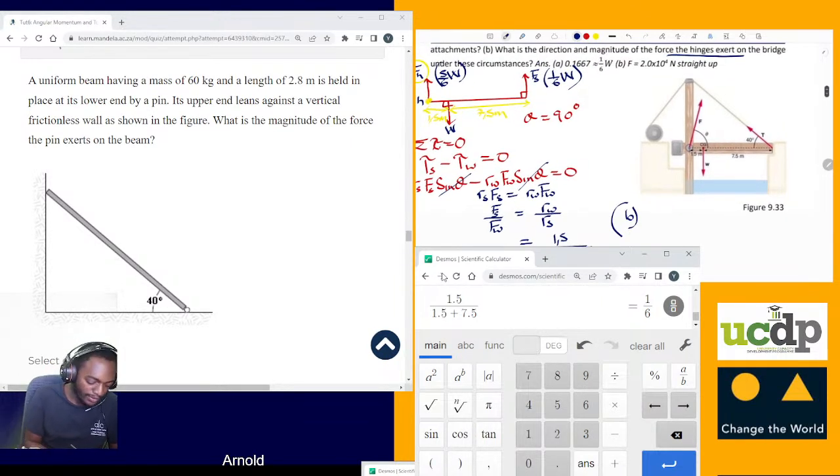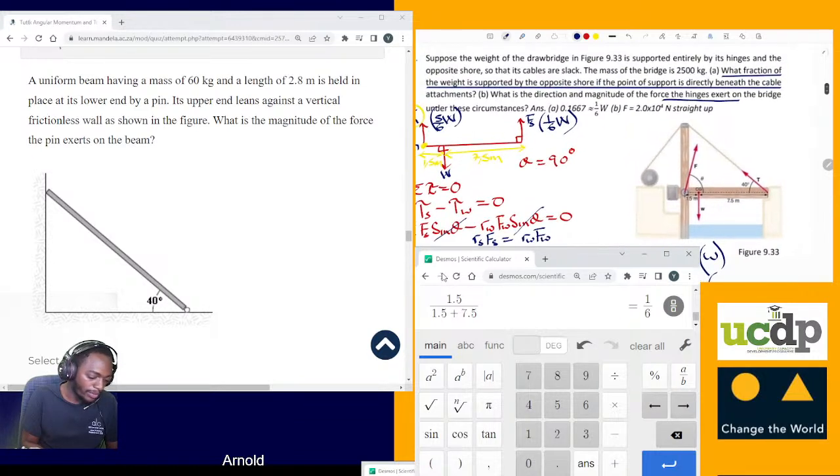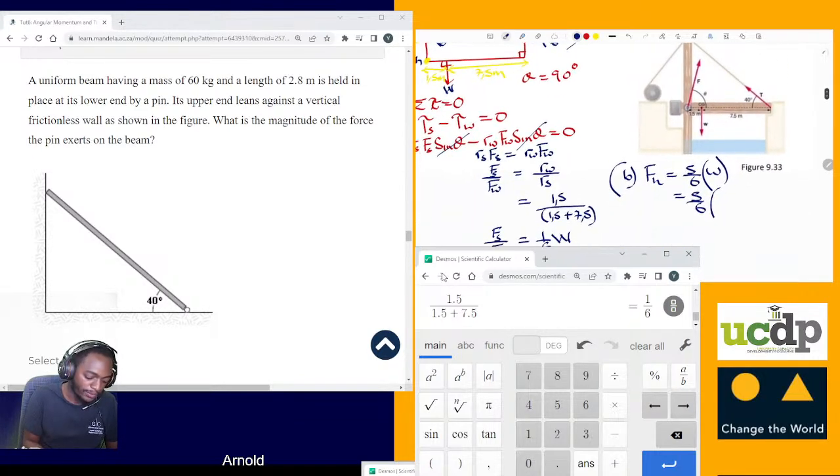So it's going to be 5/6. FH is going to be 5/6 of the weight, which equals 5/6 times, what was the weight? 2500 times 9.8. Then you have to punch that.